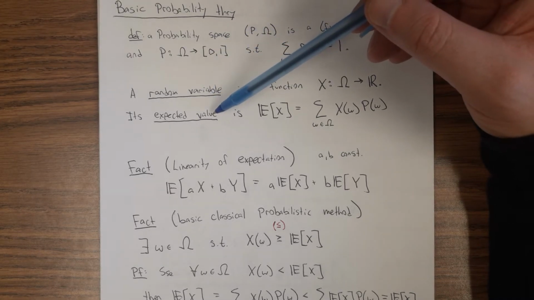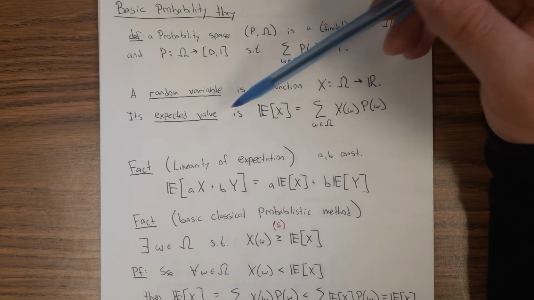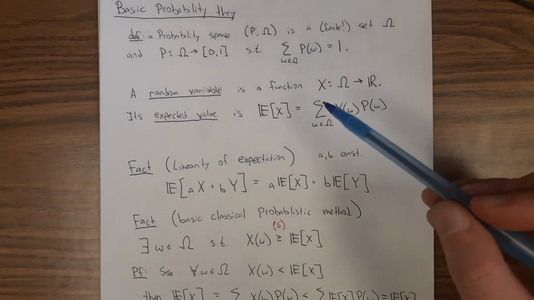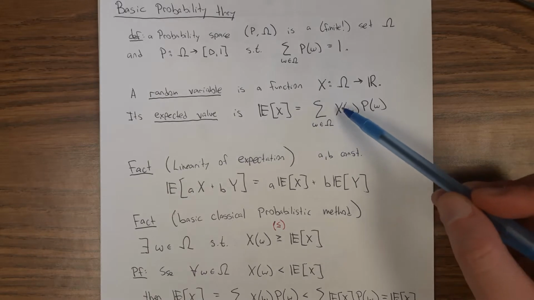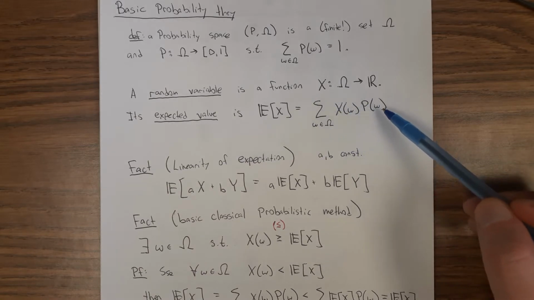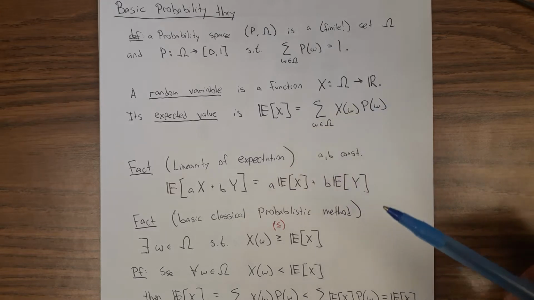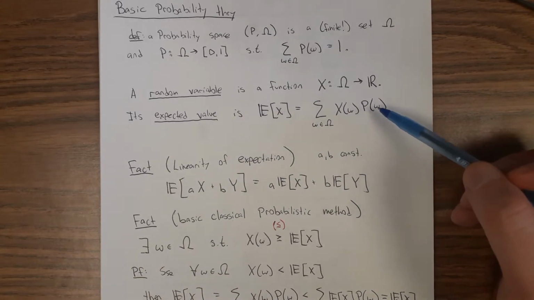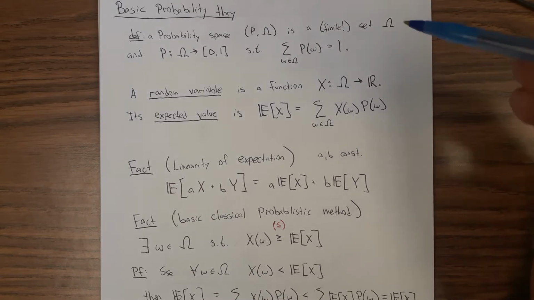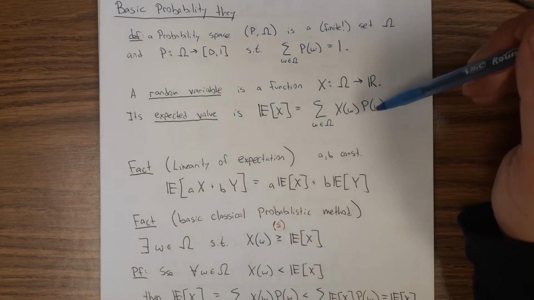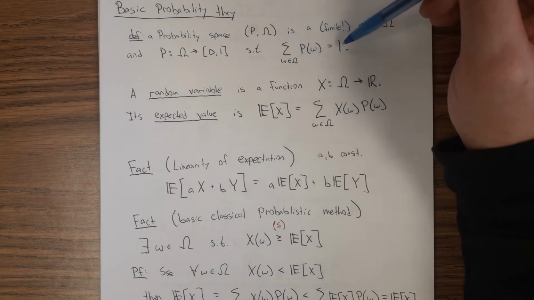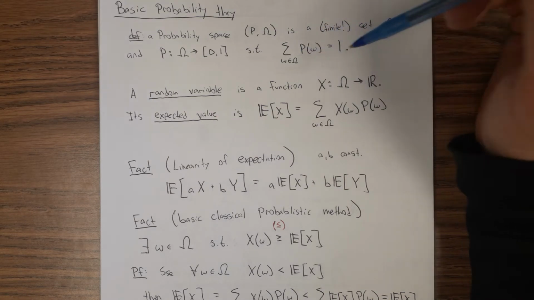And the expected value of a random variable is this. It's the sum over omega of the value of X times the probability of that outcome, P of omega, which is really like a weighted average. You can think of this as a weighted average. These P of omegas are a bunch of numbers that add up to 1.